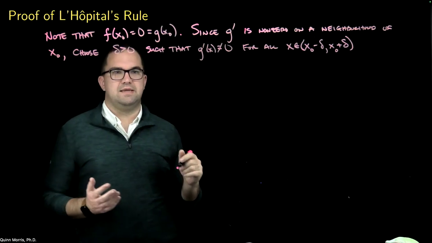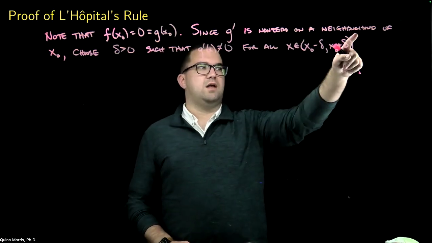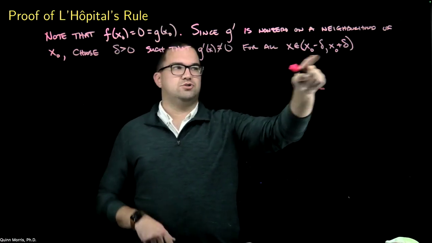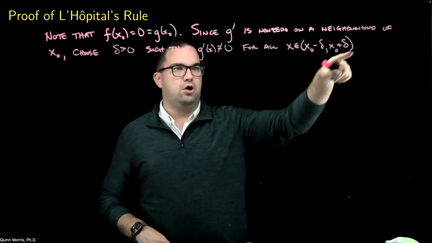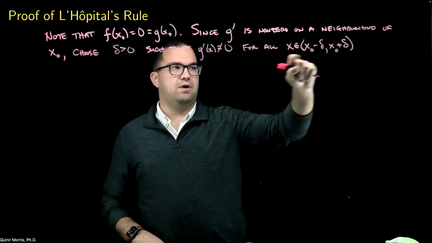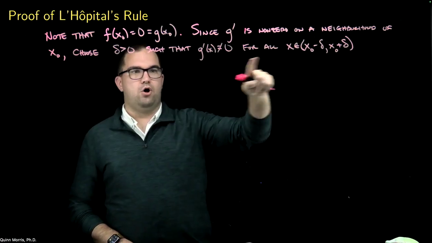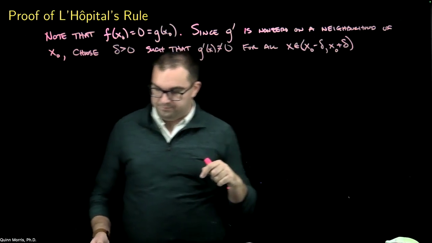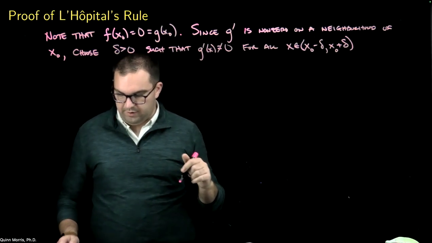This is just what it means for g prime to be non-zero on some neighborhood. I can choose some little ball around x naught so that g prime of any x value in that little ball will not be 0. Okay. All right.